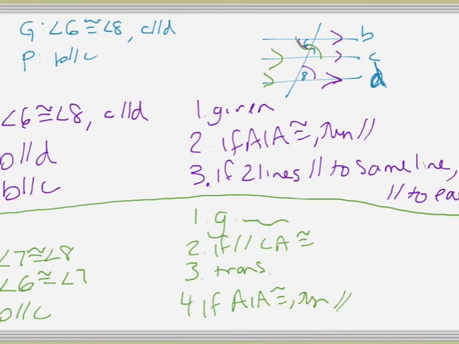So in step 2, I was saying stuff about angles, so that should be the then part of my reason. In step 4, I was saying something about parallels, so that should be the then part of my reason. Whatever you're saying on your statement side should be the then part of the reason. That's how you can keep it straight, whether it's the if parallel or if angles. The then should match the statement.